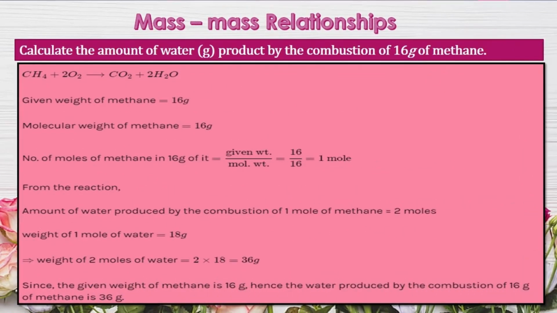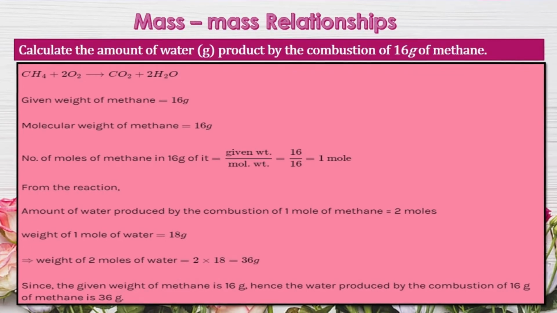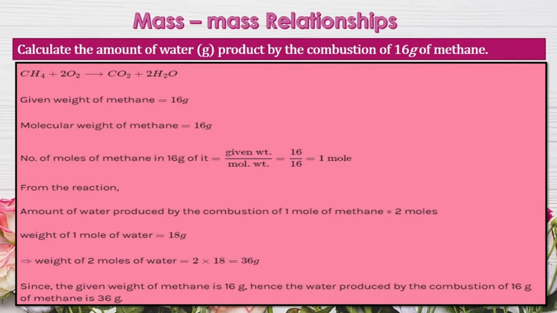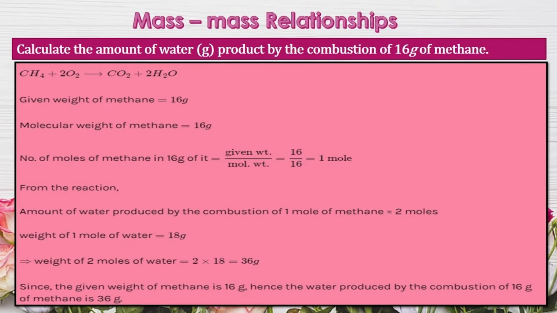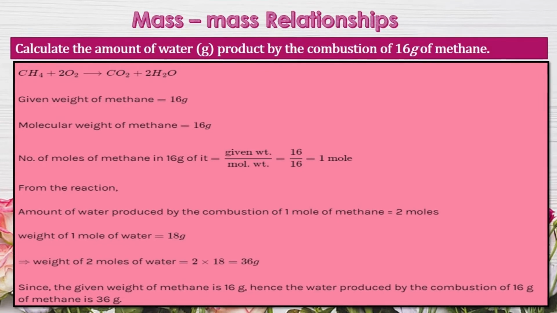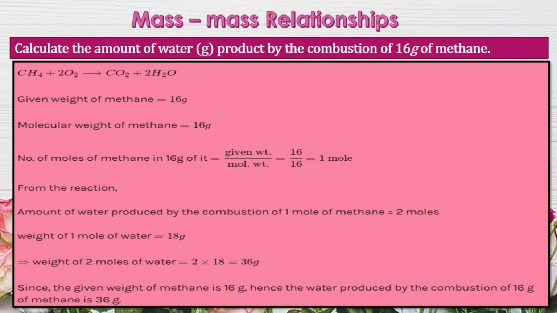Now let us discuss mass to mass relationships. As earlier, we will understand this concept with the help of an example. You have to calculate the amount of water produced by the combustion of 16 grams of methane. As I told you earlier, you have to write the balanced chemical equation for this. The formula of methane is CH4.